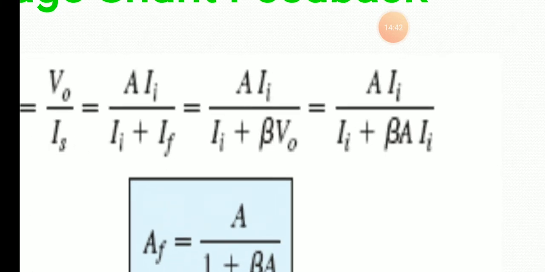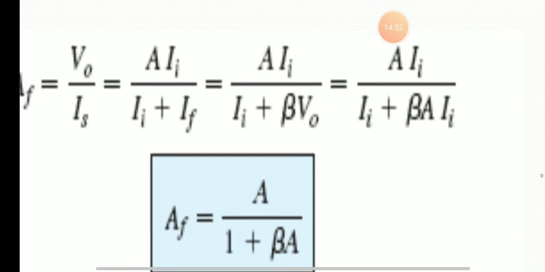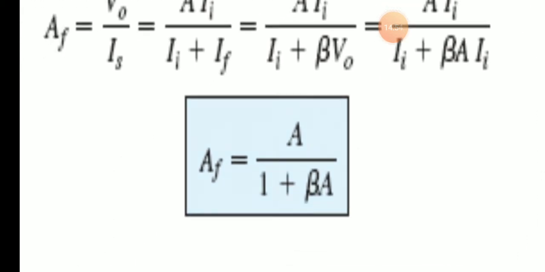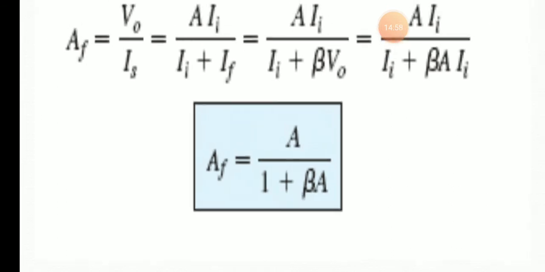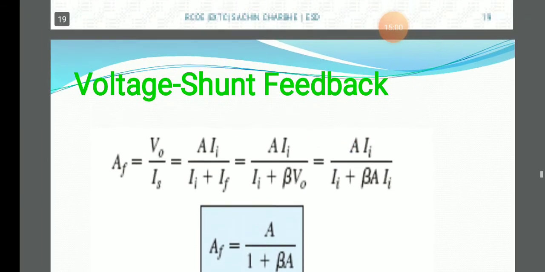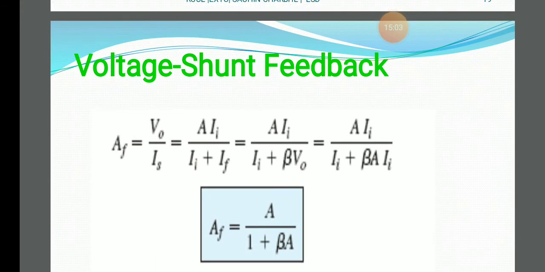So A Ii equals Ii plus beta, and we put the value of V0, the gain times the input current. Using this we get A equals 1 plus beta A, because the input current gets cancelled. So we get the feedback gain in the voltage shunt feedback.